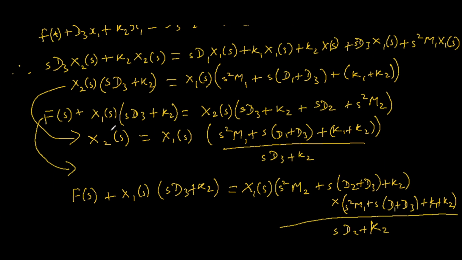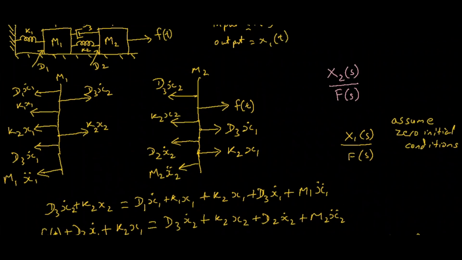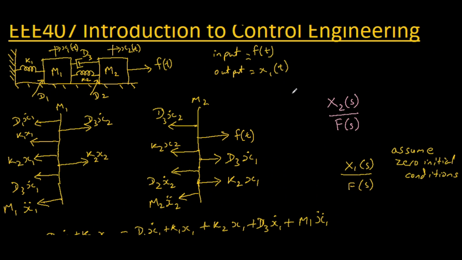In other words, wherever we had x1, we would have slotted in this expression over there and would have come up with a solution that would also arguably be relatively long. Just to mention that we chose x1 as being the output, so we found that transfer function. We could have found the transfer function if x2 were the output instead.